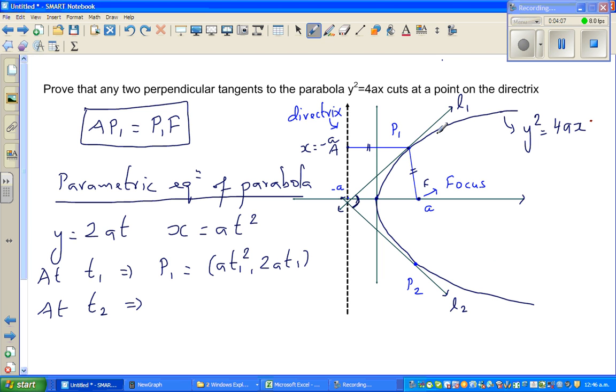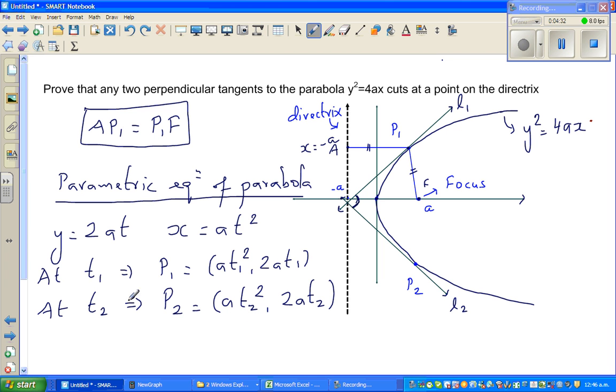This is moving in a parabolic path. So when it is at time t1, you reach point P1, and at time t2 it reaches P2. So the coordinates of P2 would be a t2 squared comma 2a t2. It's a bit difficult.